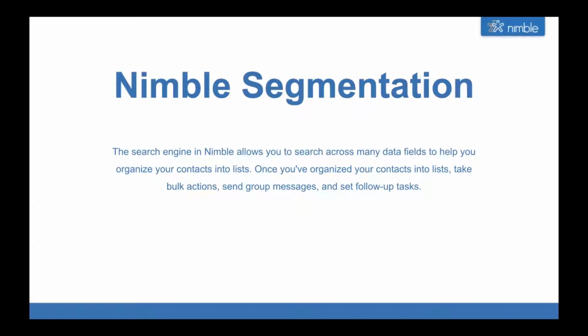It could be your LinkedIn connections that you also export and import using a CSV file, or all kinds of spreadsheets you may have been using before you started using Nimble as your CRM. So once you get all these contacts in your Nimble database, you might and should be doing something with all these contacts you have in there.